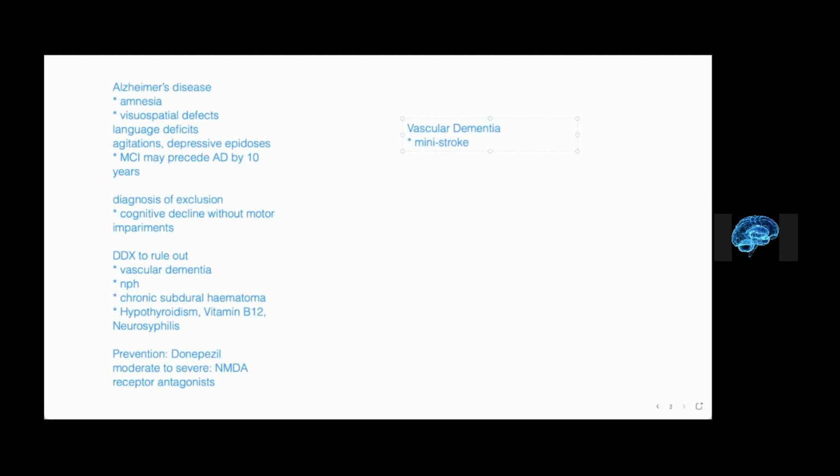So in terms of history of presenting complaints, you have a stepwise decline in cognitive functioning. And one thing that also differentiates vascular dementia from Alzheimer's dementia is that, motor-wise, Alzheimer's disease is pretty much spared. However, with vascular disease, sensory and motor deficits, and especially focal neurological signs, can be expected.